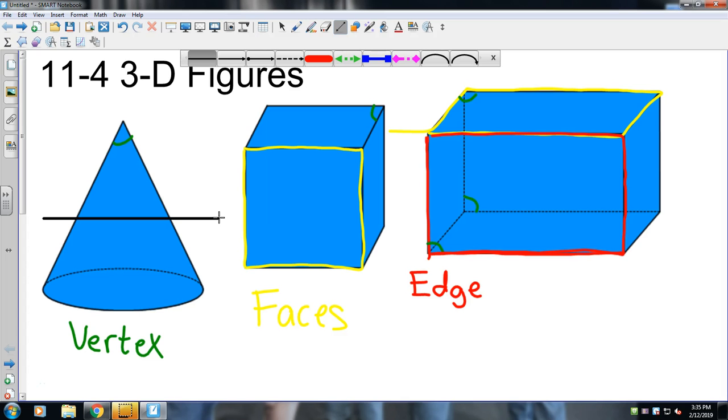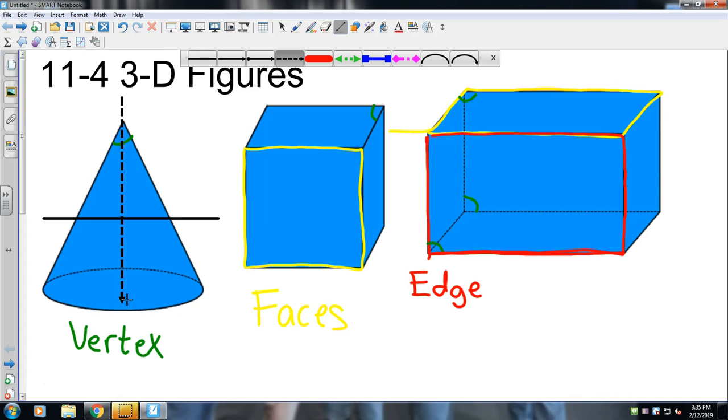Some that might be a little bit deceiving: if I were to slice the cone vertically, okay, so if I were to slice it this way and I would open it up, then it would look more like a triangle.